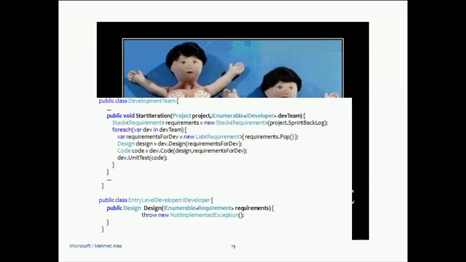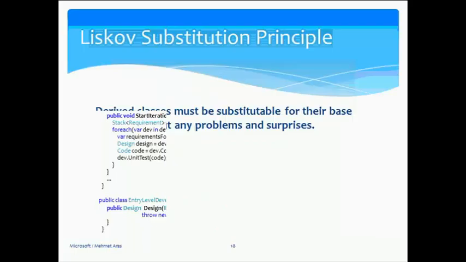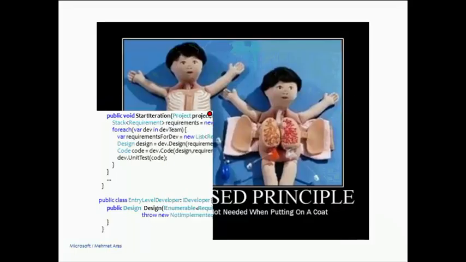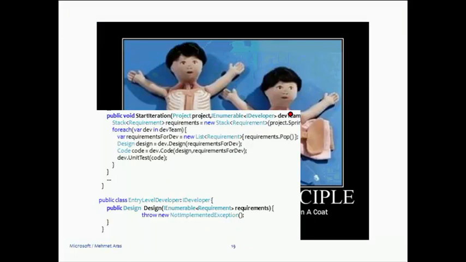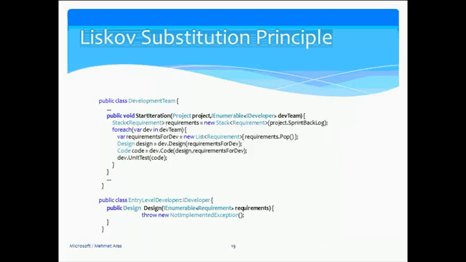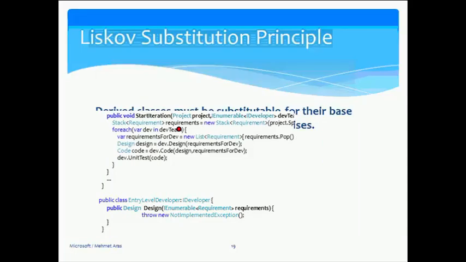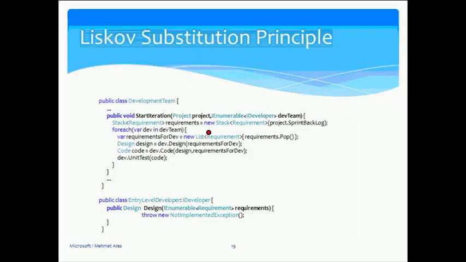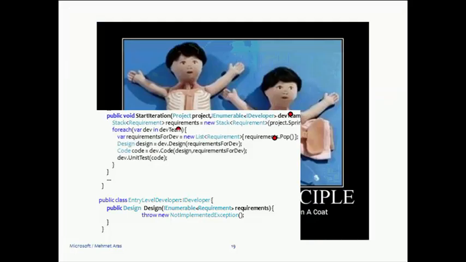So here, I have a development team, and we are starting a new project. We are starting an iteration. We have a project, and I have my development team. I'm passing these to the start iteration method. So what we do is that for each team member, we get a requirement from our sprint backlog and assign it to a developer from our development team.